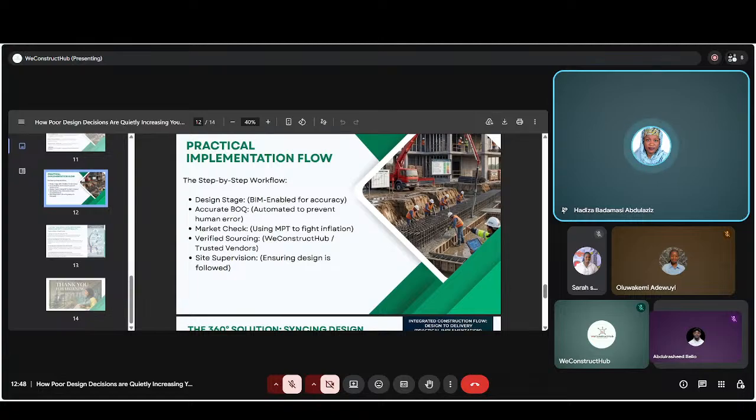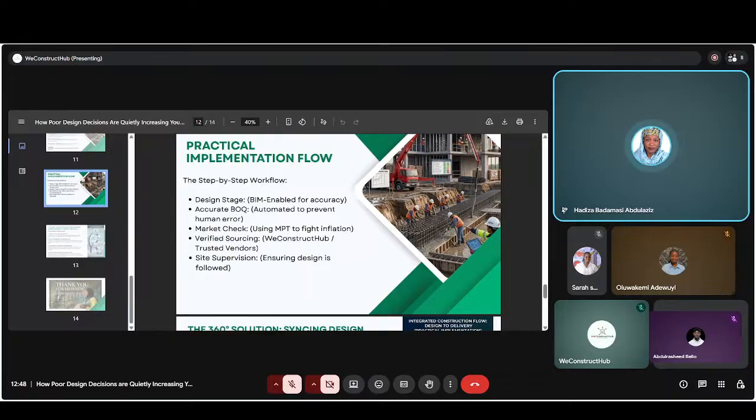To verify your sourcing, work with reliable and verified suppliers to ensure consistency. This reduces risk of delay, poor quality materials, or partial deliveries. Strong sourcing improves both cost control and project reliability.